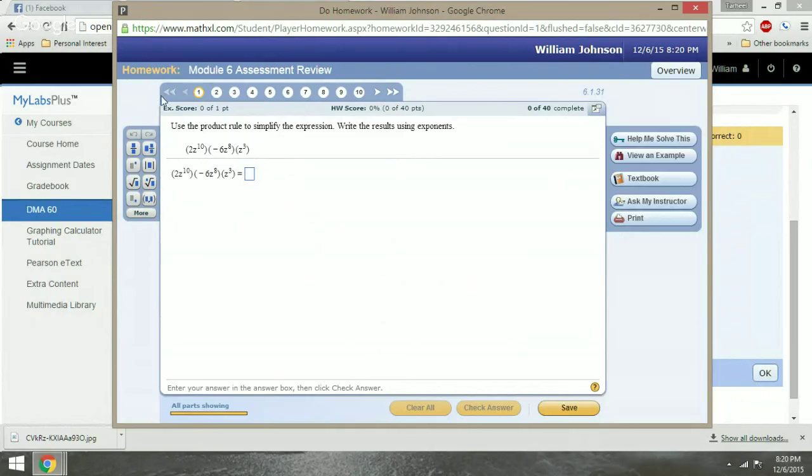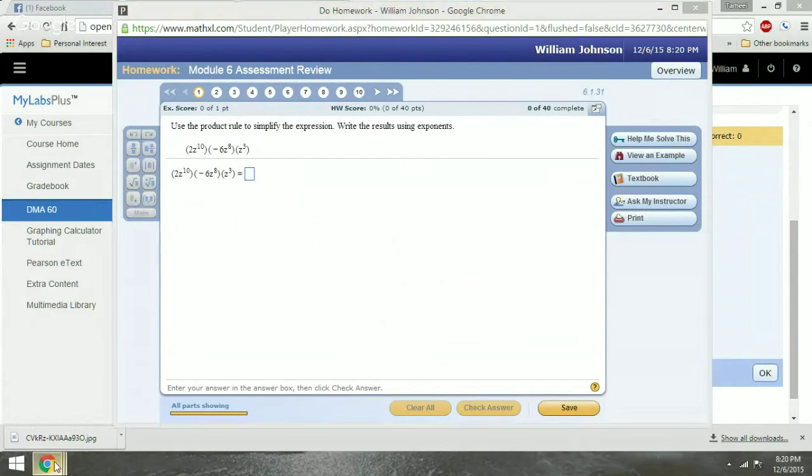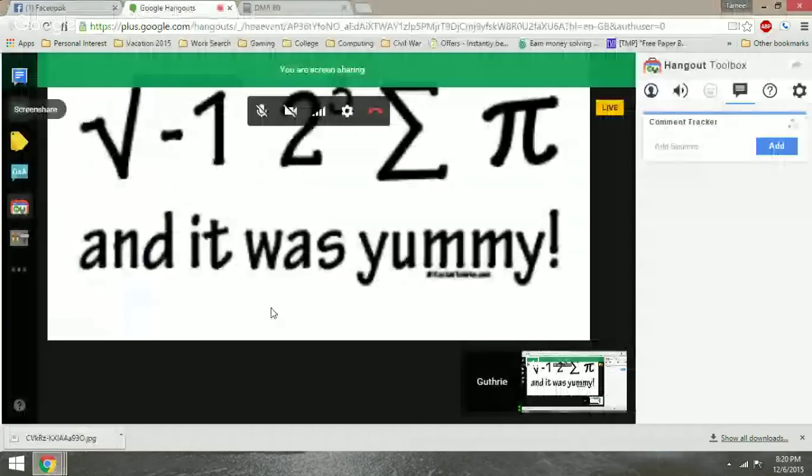Basically, when you're multiplying terms with the same variable base, you're adding the exponents. Could we go back to the problem again so I can copy that down? Well, I lost the problem.